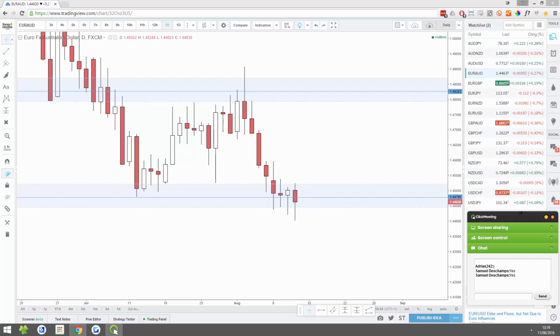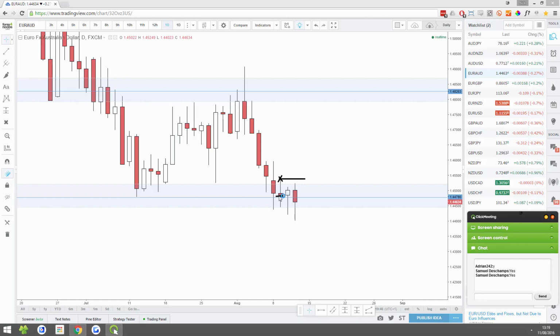So what you want to do with your entries is place your entry at a place where it confirms that buyers have taken control of price. That's what you want your entry to confirm. If you're going long, you want your entry to confirm that buyers have taken control of price. So for them to confirm that, I would want to see them break this high, because that's a high that hasn't been broken in several days.